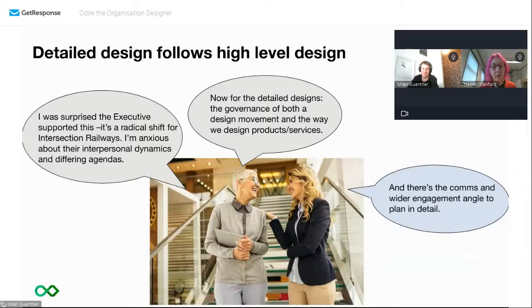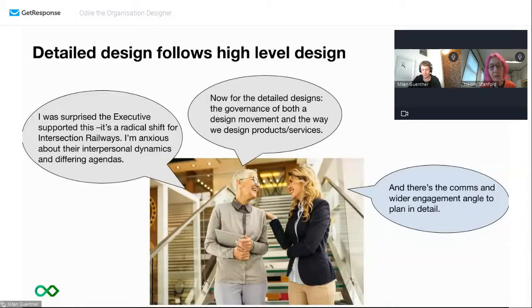So here you've got Odile saying that the executive team supported the idea of using the Sleeper app, but it's a huge shift to move into this collaboration, to move into a design movement, to move into a continuous design governance approach, etc.